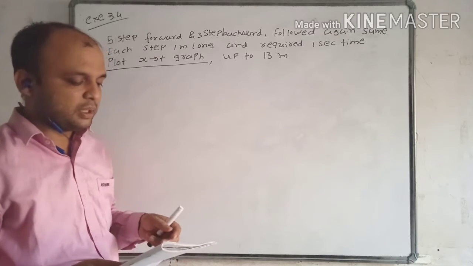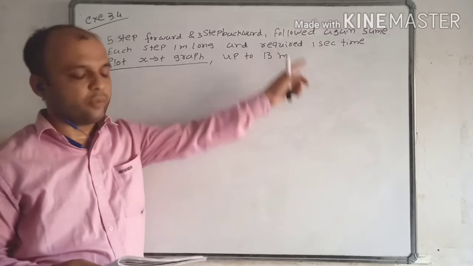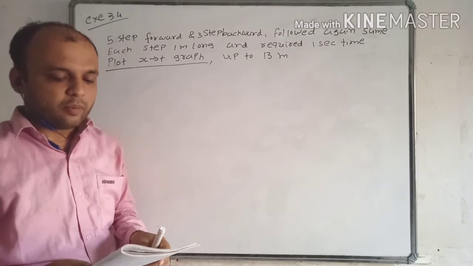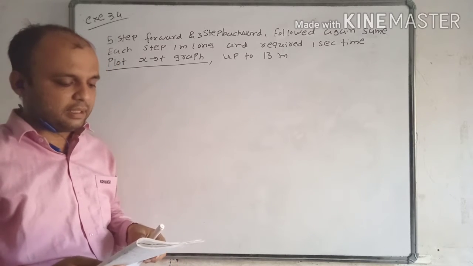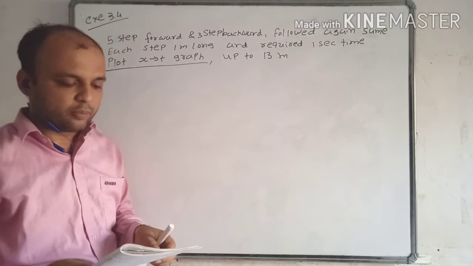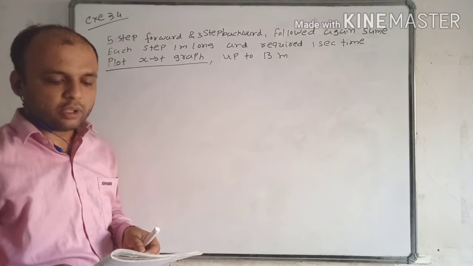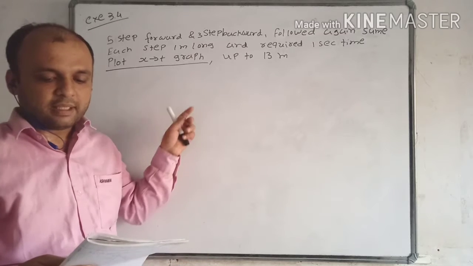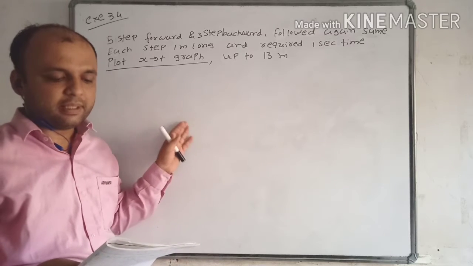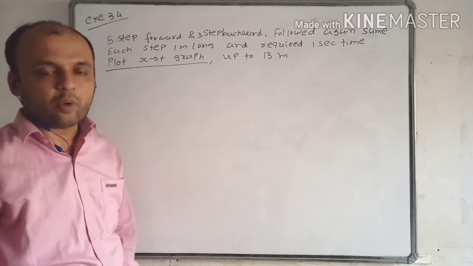Each step is 1 meter long and requires 1 second. Plot the x against t graph of his motion, and determine graphically and otherwise how long the drunk takes to fall into a pit 30 meters away from the start.